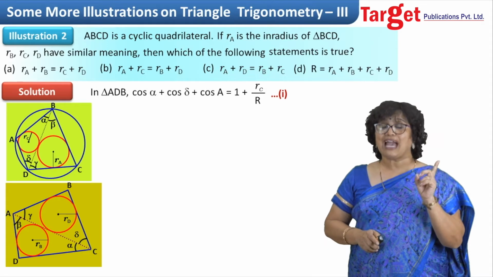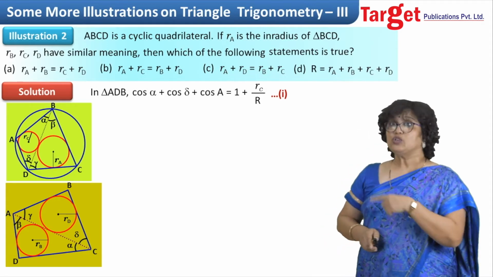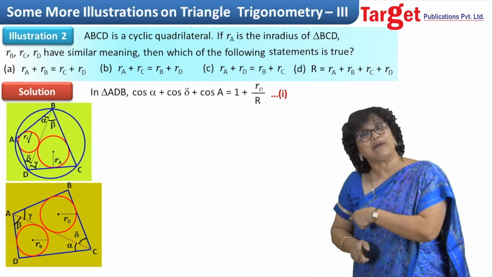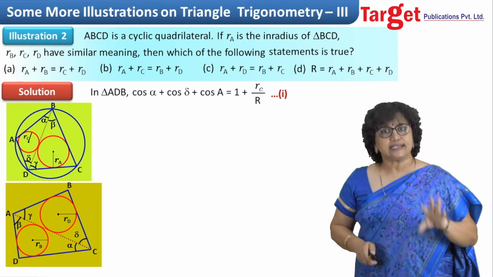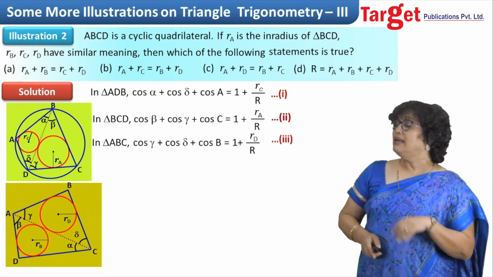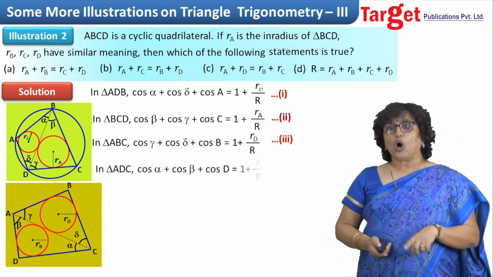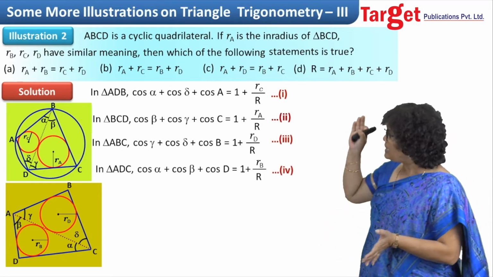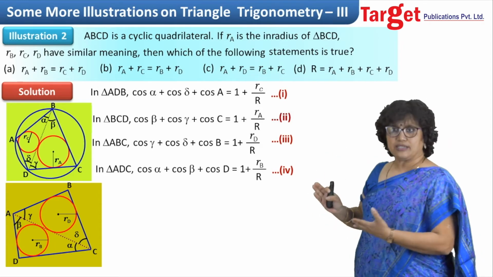Right? And sigma cos A we have formula. That is 1 plus r upon R. So I will write that as 1 plus RC upon R because now here inradius is small rc. Now similarly, I pick up triangle BCD, triangle ABC and also triangle ADC and I write similar three equations.